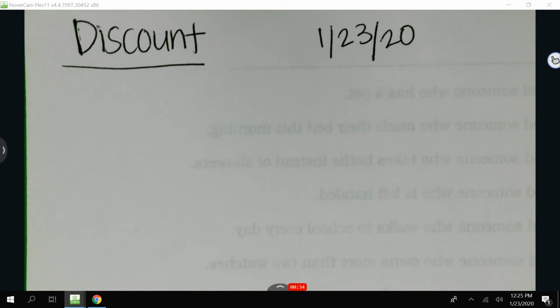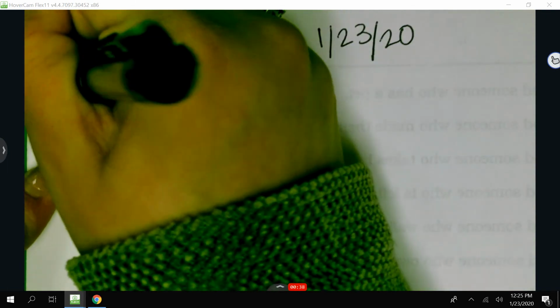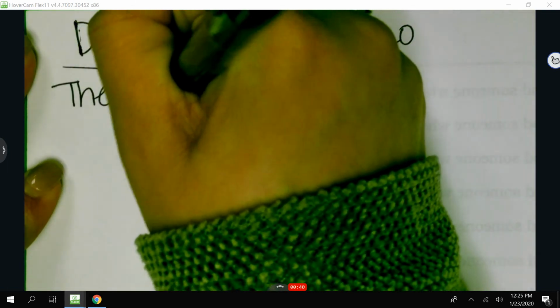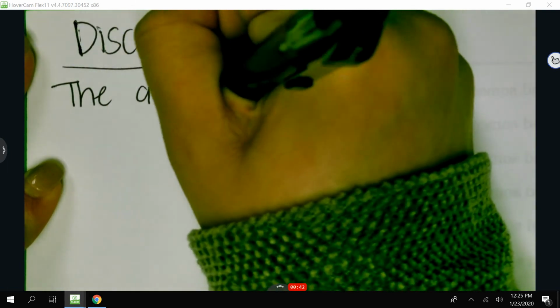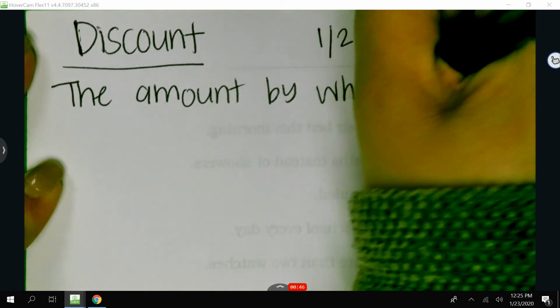Okay. So just to start off with, discount is the amount by which the regular price of an item is reduced. This is just a simple definition.